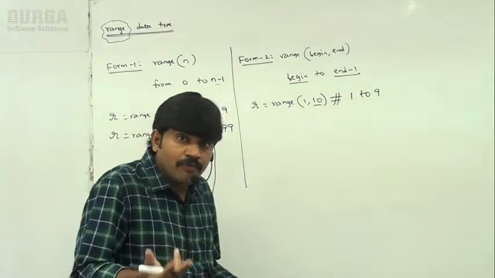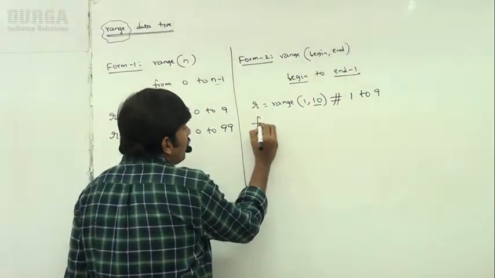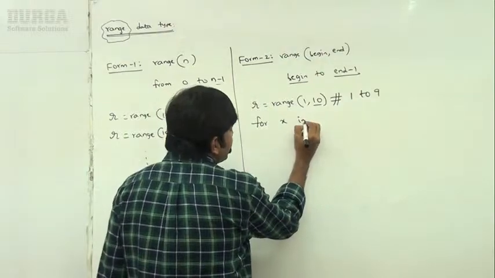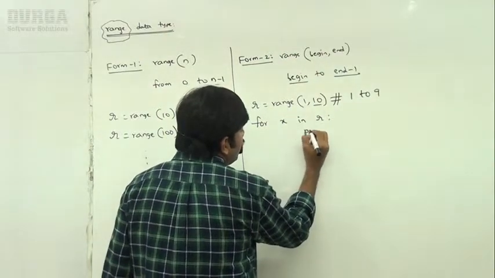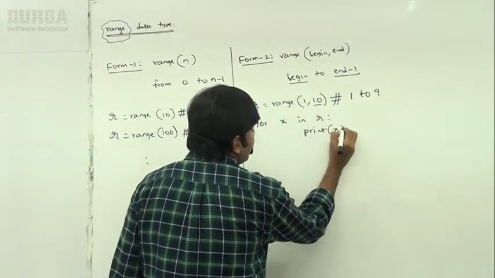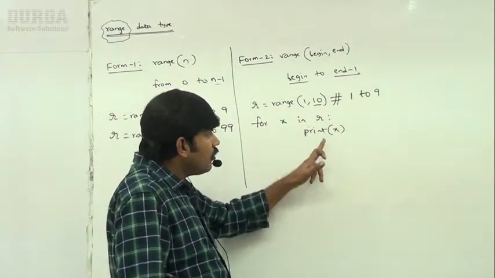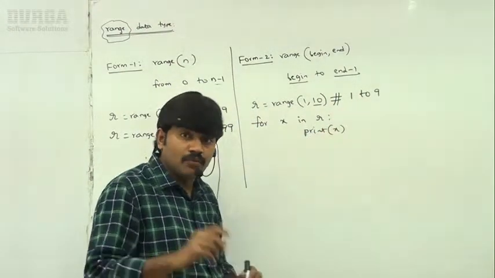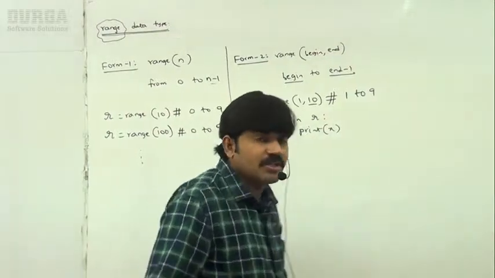Where is the proof? Use a for loop: for x in r, print x value. Now you are going to get 1 to 9 only. Let me execute this code.